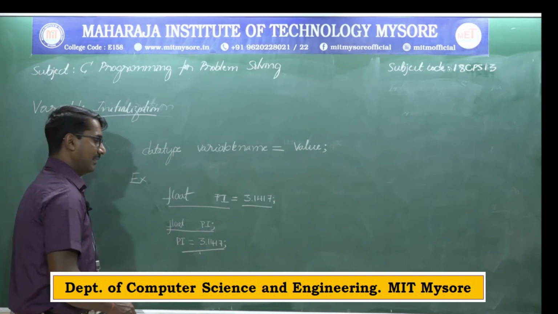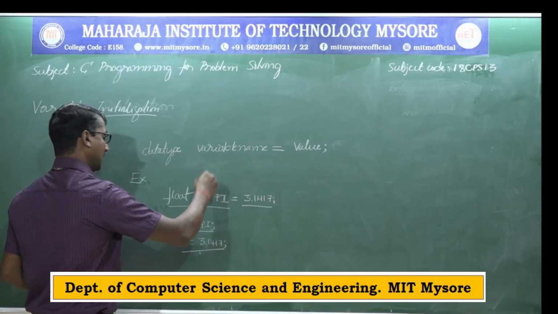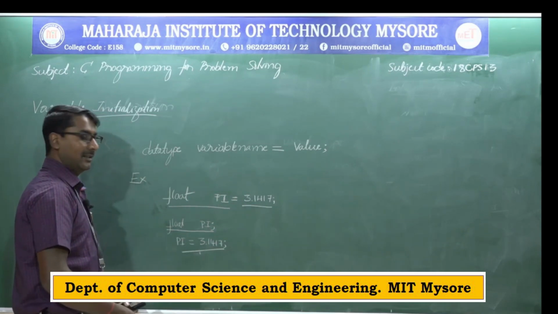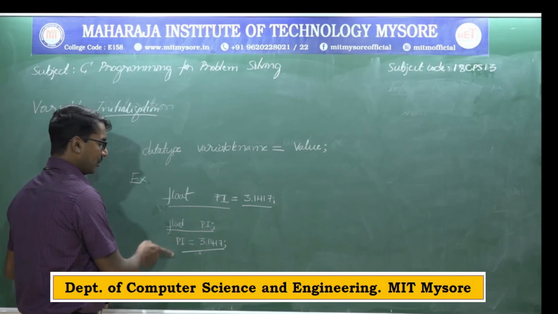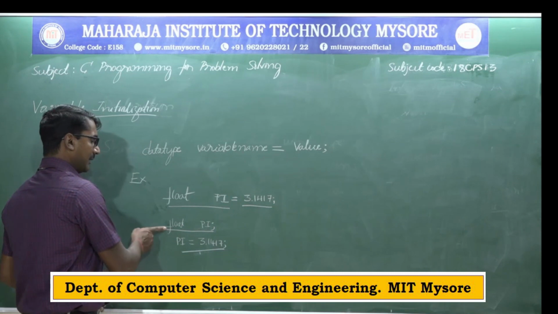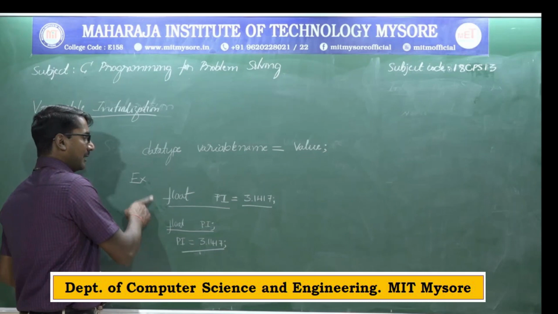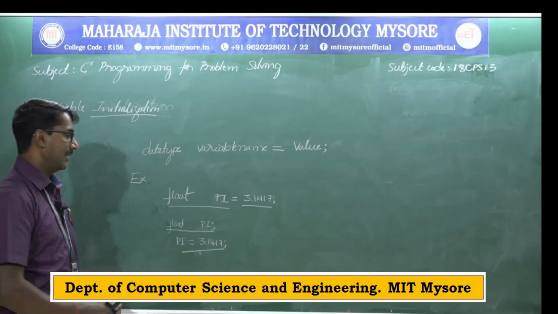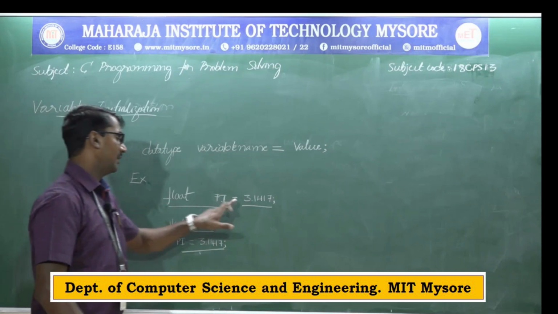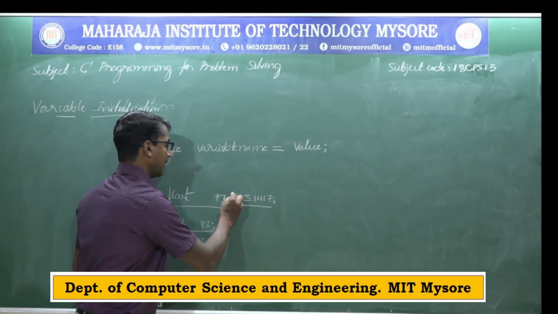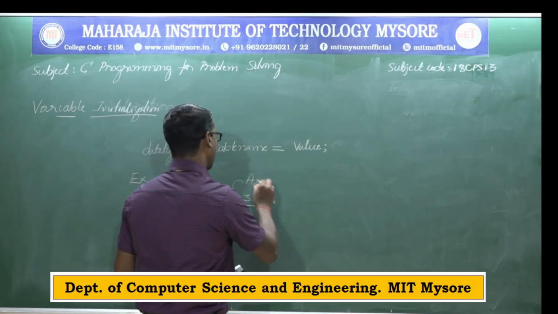Here we are performing two lines: declaration in one line and assignment in another line. But in variable initialization, declaration and initialization are performed in a single statement. So float pi is equal to 3.1417. This operator is called the assignment operator.